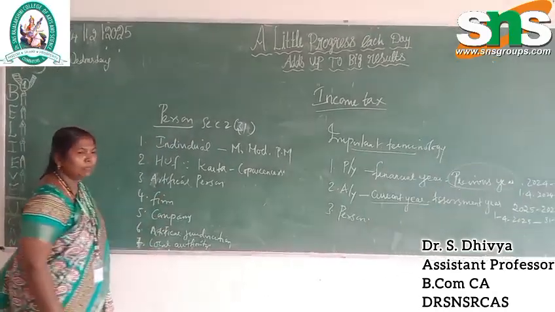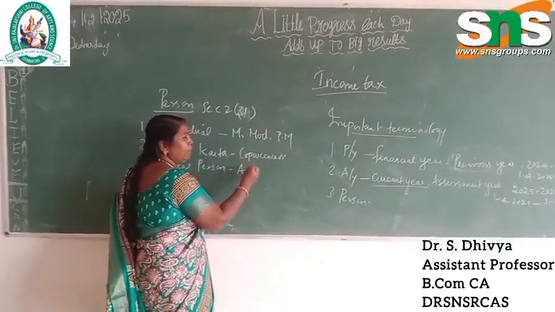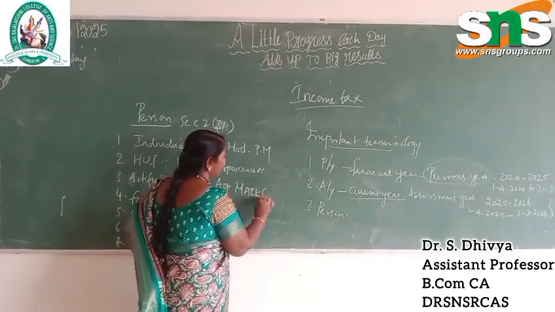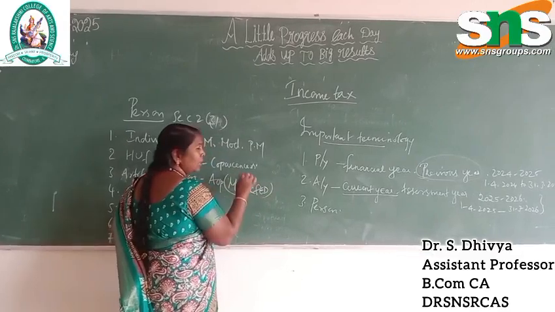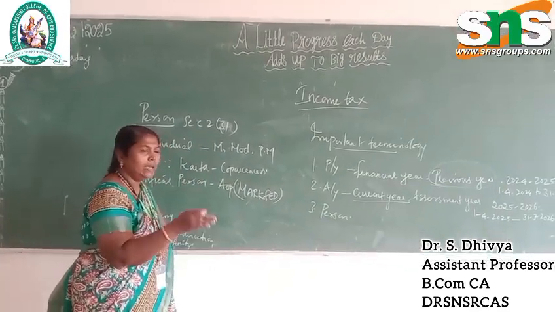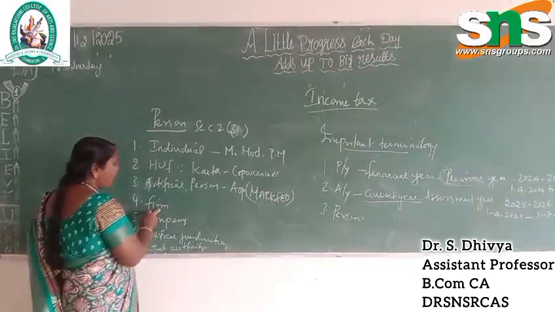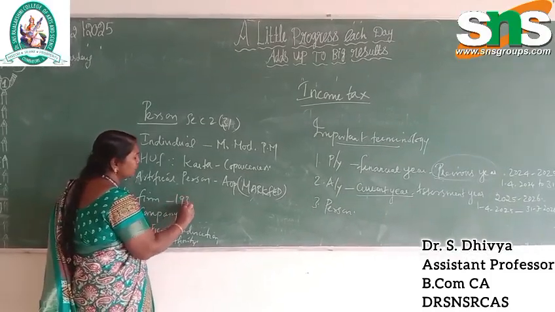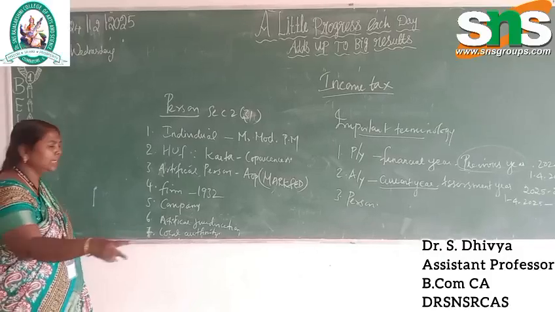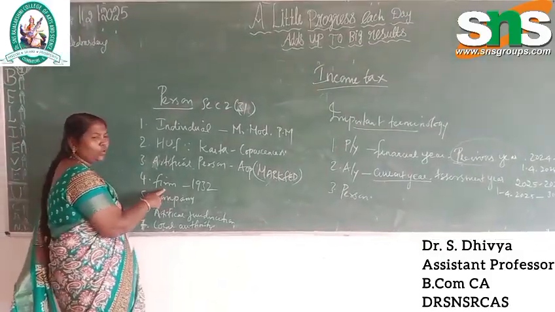Who is the association of persons? Persons who come together, associated for a separate purpose or activity, are called an association of persons. And who is the firm? The firm comes under the Partnership Act of 1932. Two or more people join together and start a business and share profit or loss. They are called a firm.